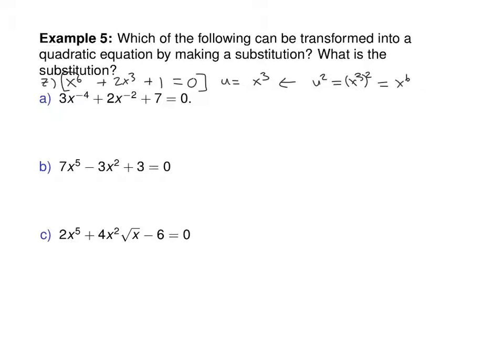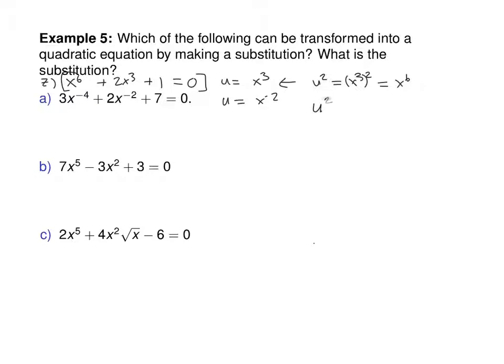So the pattern is that the middle exponent, when you arrange them from biggest to smallest, is half of that, right? Is the same pattern true for this A one? Yes. So what you could do for this one is let u equal x to the -2. Does that make sense?